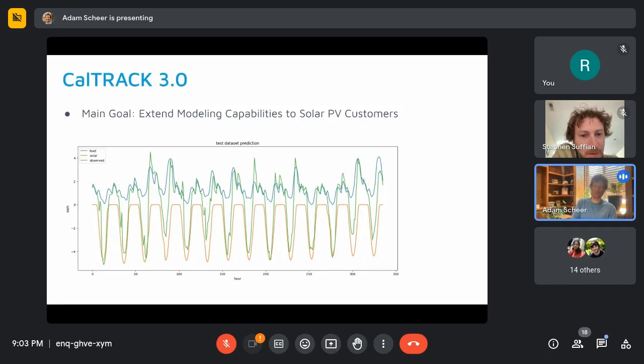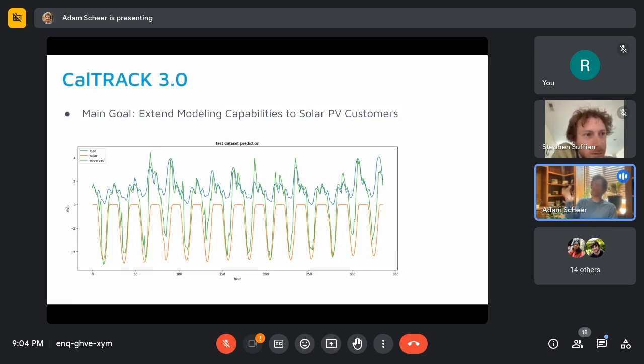They're more likely to get an EV, things like this. So these are customers that it's high time we were better able to model than the current CalTrack hourly methods, which are not aware of solar irradiance or any other solar variables, can handle.